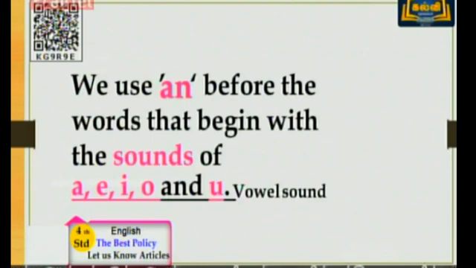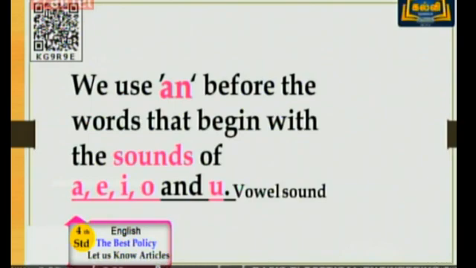What are these A, E, I, O and U? These letters are called vowel sounds. We are telling that vowel letters. We are telling as vowel sounds of A, E, I, O and U.